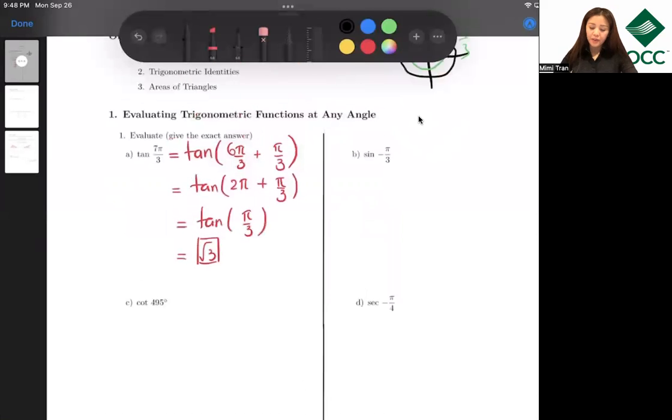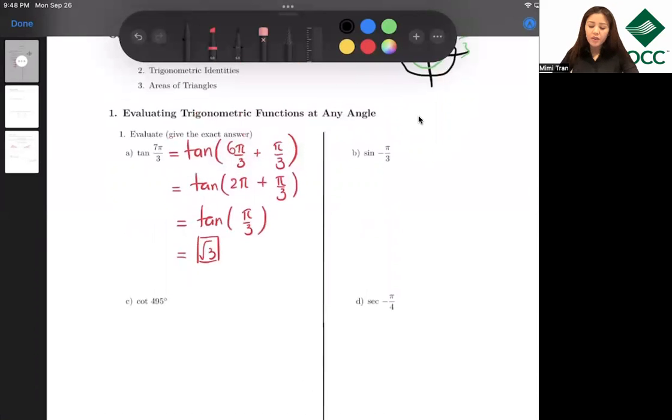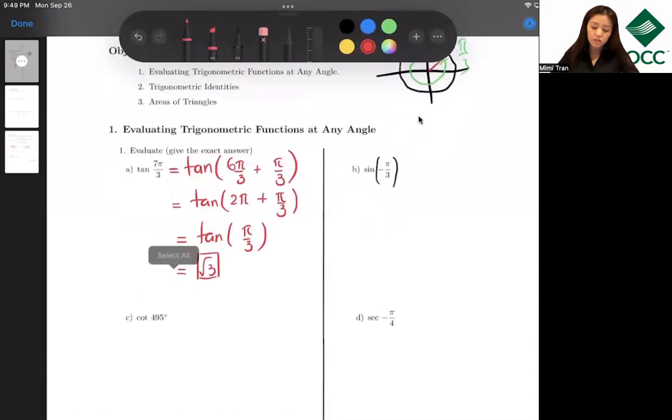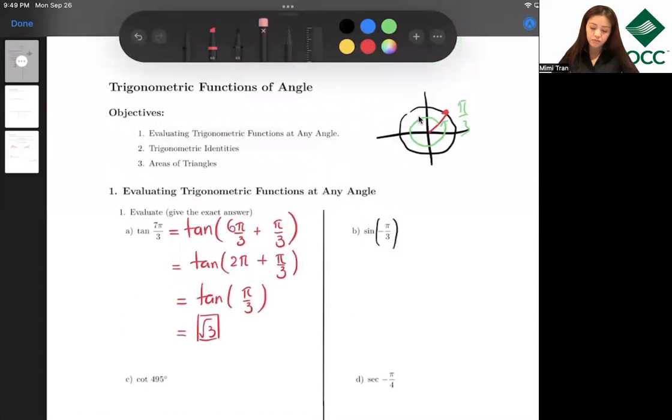Okay, 1b. I want to find the value of sine of negative pi over 3. If you look at the unit circle, sine of pi over 3 is in the first quadrant.